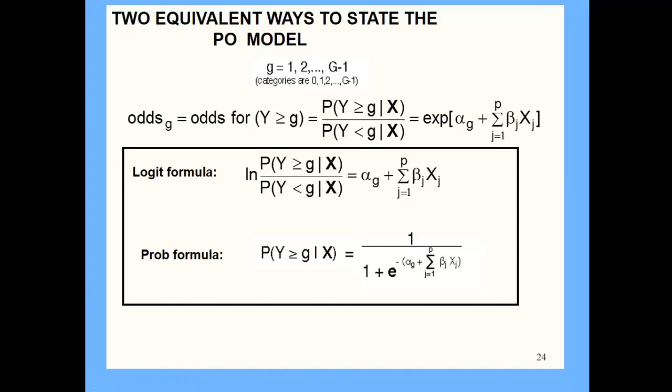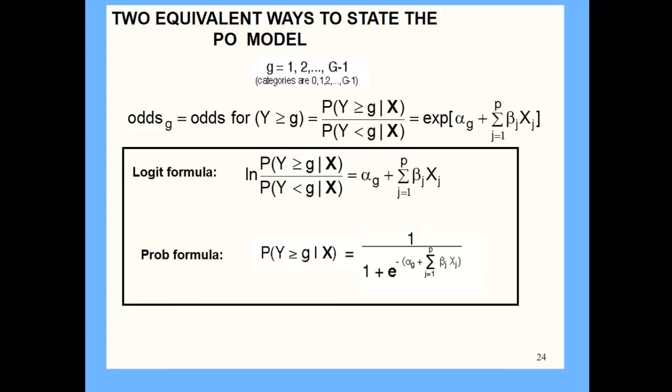It's an outcome saying y is greater than or equal to one of a number of values it could take on, and it has a form similar to the binary logistic model, except it's no longer 1 over 1 plus e to the minus with a single alpha. You have several alphas, depending upon the value of g.